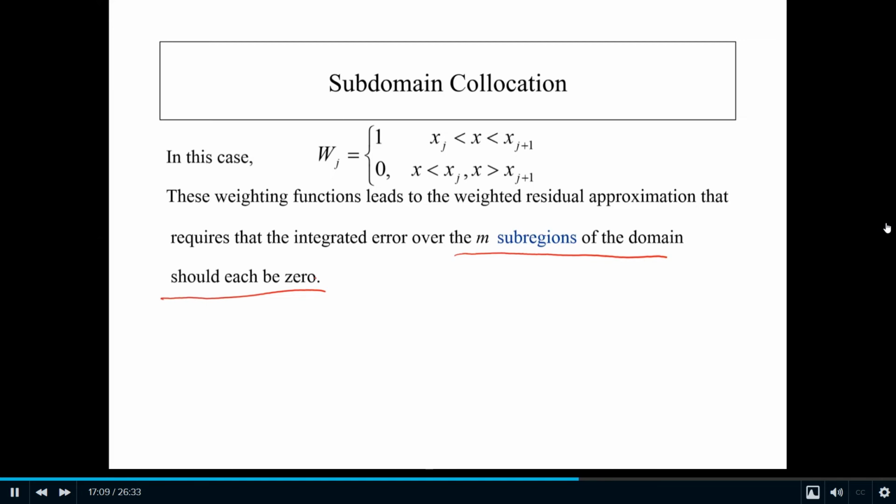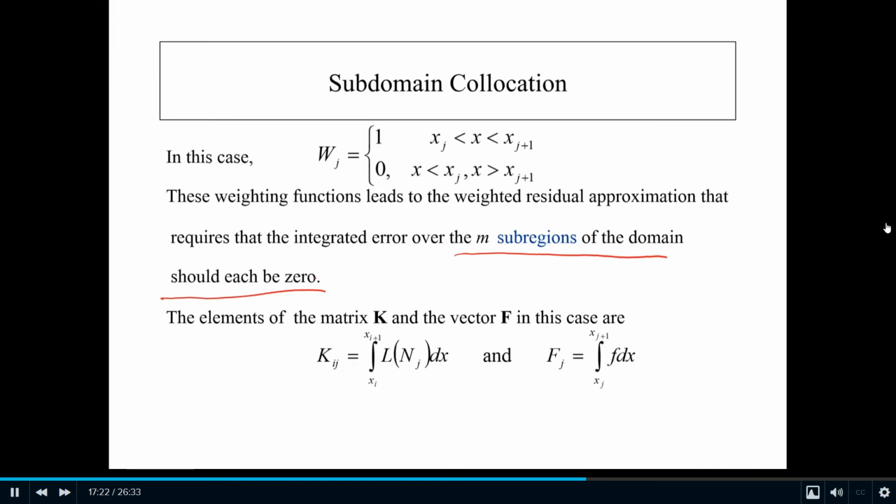Okay, the integrated error would be 0 over subregions within the domain. And when you do this, your matrix K and matrix F will look like this. So you can perform the integration by yourself and see. Okay, and that's what you have. And again, you would have K u equal to f with a system of unsymmetric K.